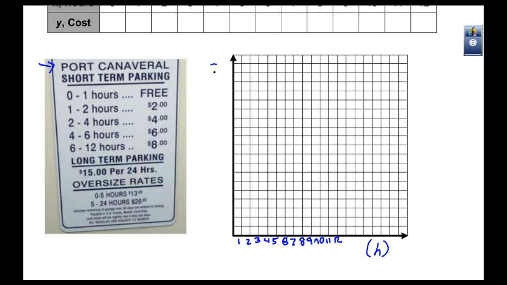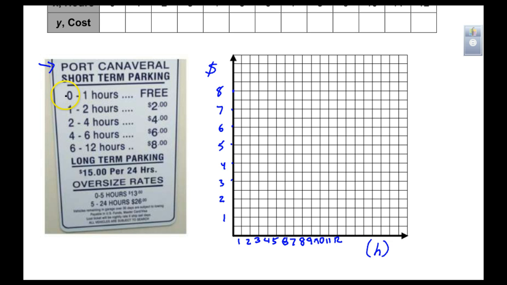The cost on the y-axis, money is always on the y-axis. And it only goes up to $8 here, so I'm going to do every other, 2, 4. I always want to use as much of the graph as possible. If I didn't skip one right here, the whole graph would be a little tiny section of the whole thing. You don't want to do that.